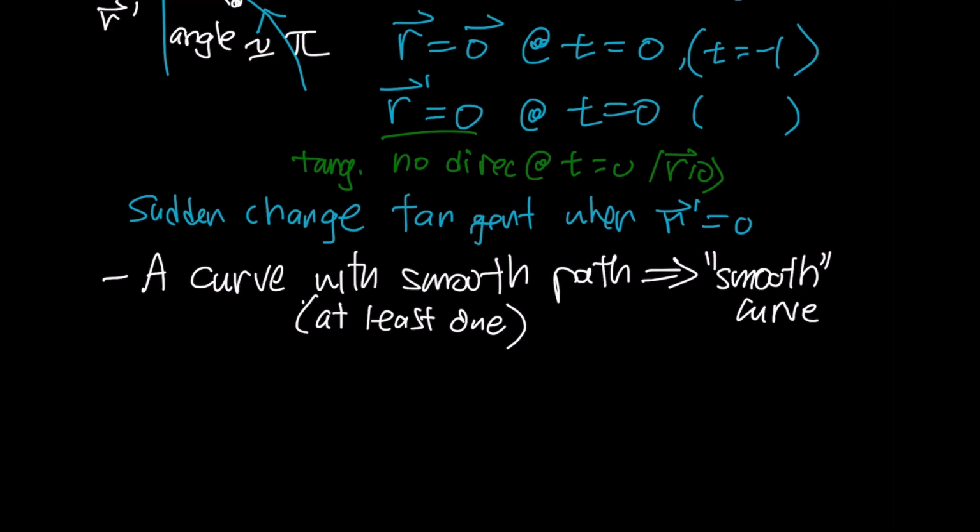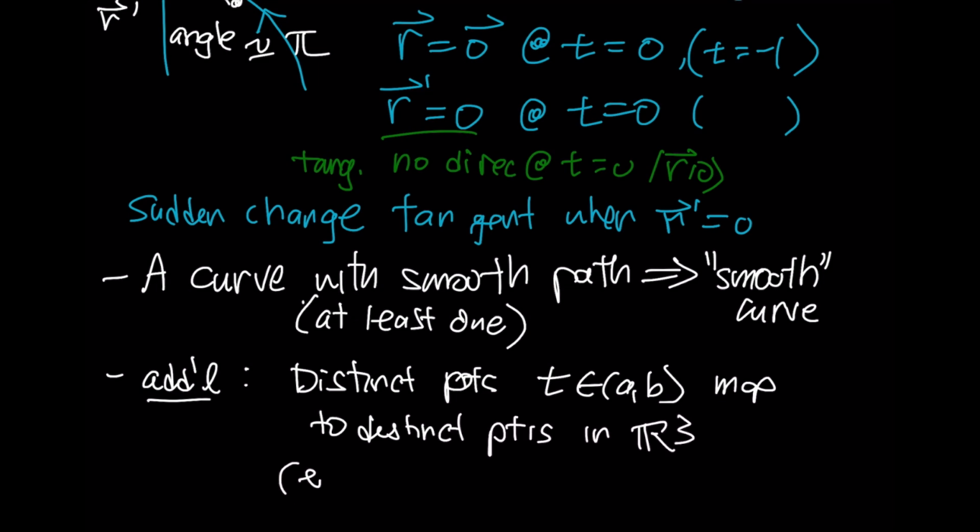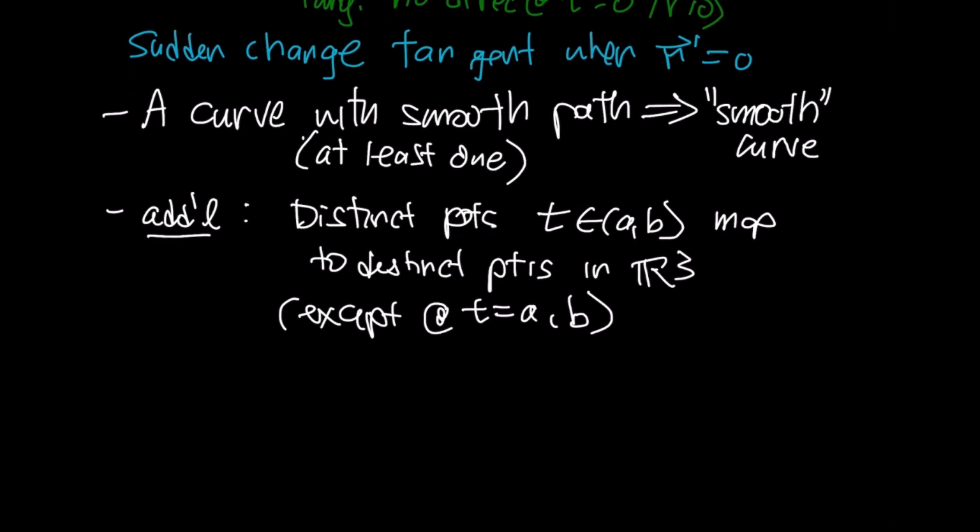Now, an additional constraint that we're going to put in is that distinct points from the open interval a to b will map to distinct points in R3, except possibly when t is equal to a or t is equal to b. We will traverse our curve only once.